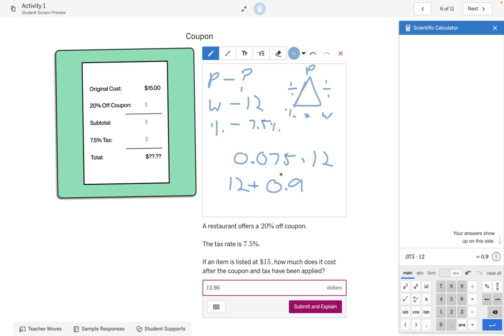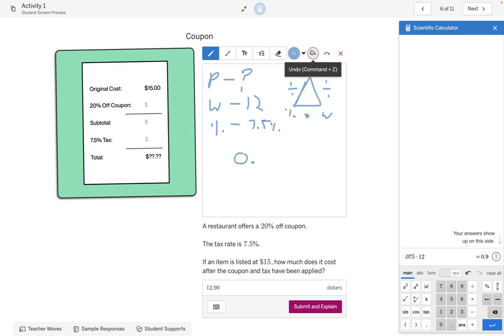Now, we didn't actually have to find the tax. We could have gone directly to the total. To do that, just going to work backwards again. I'm going to keep my whole as 12, but I'm going to change my percent to 107.5%.